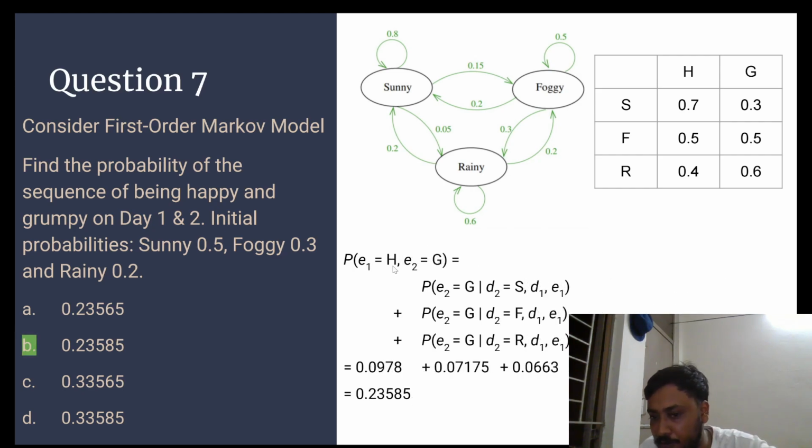Now, here comes the total part. Probability that I feel happy on day 1 and grumpy on day 2. No more conditions, nothing. This is the final value we need to find out, right? So that is the addition of the three previous things we calculated. Okay, so like you feel grumpy given it is sunny, given it is foggy, given it is rainy, and given all possible conditions of D1.